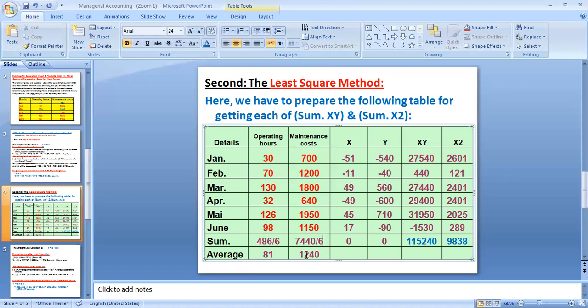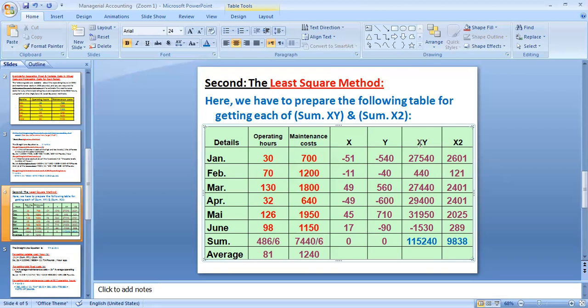It gave me an average cost of 1,240. I deducted this average from each cost of each month to get y. Then I assured that the summation of x is 0 and the summation of y is 0. If they are not 0, repeat the calculations again before getting the last two columns.